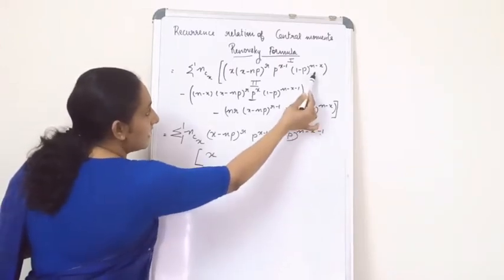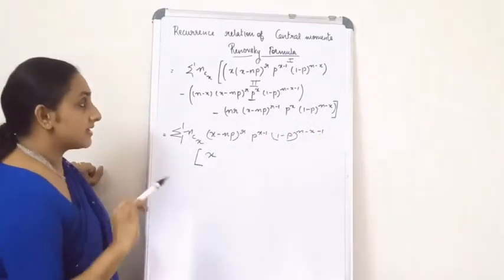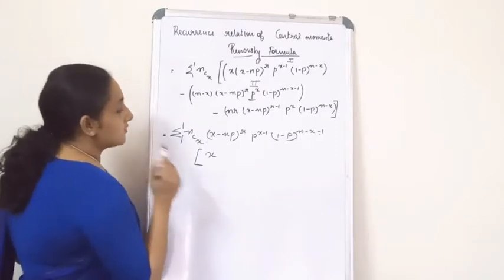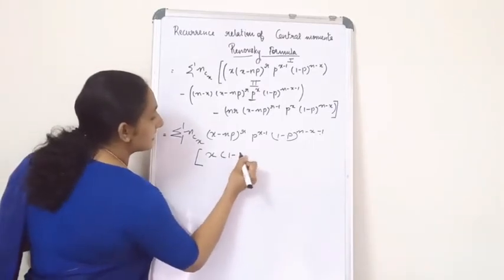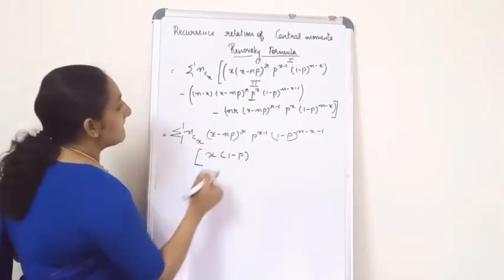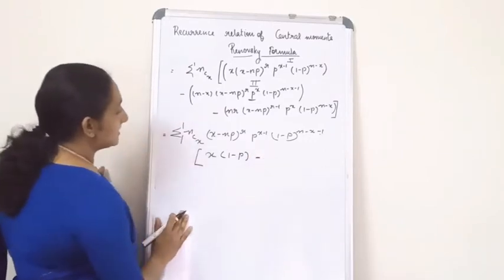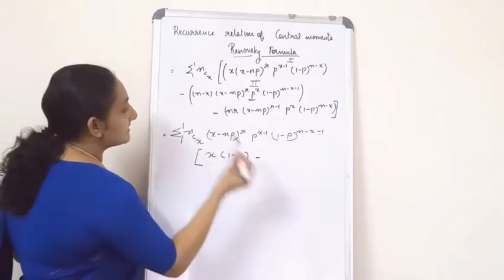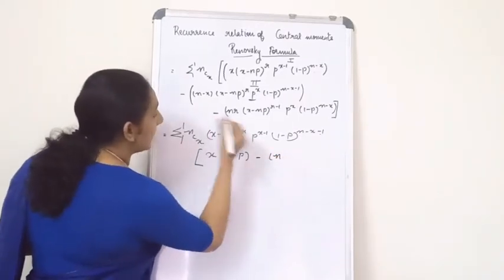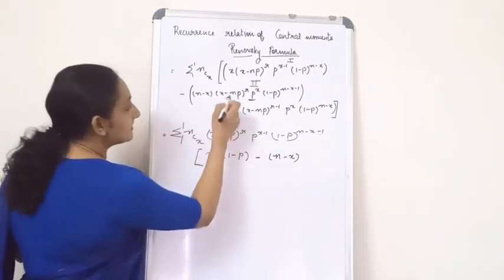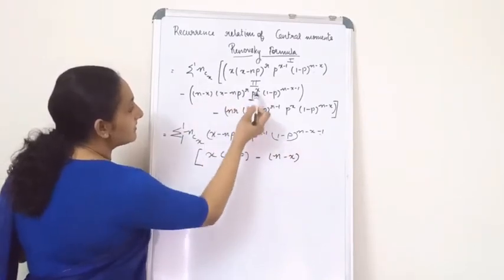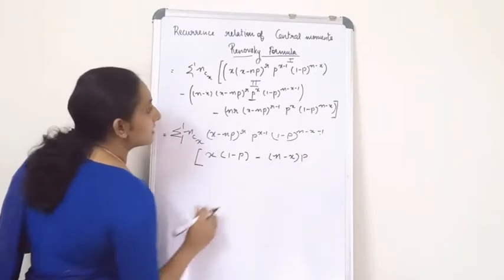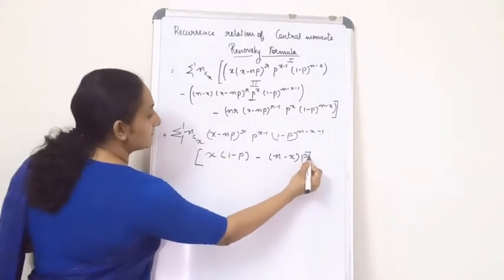So I have only taken n minus x from the (1 minus p) the whole raised to n minus x from the first term. So what will I get over there? 1 minus p. Okay, minus, what about the second term? nCx, sorry, n minus x. This is already taken, this is also taken, but I have taken here p raised to x minus 1. So I get a p over here, and that's it.